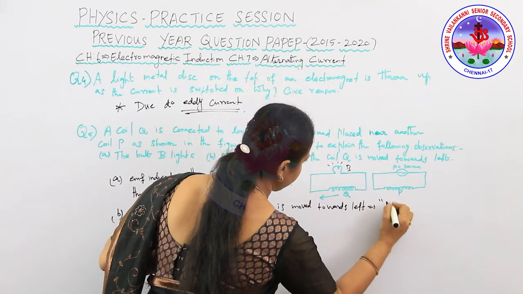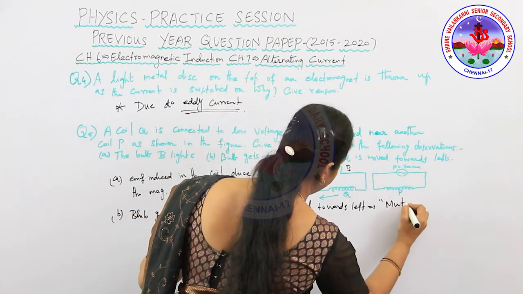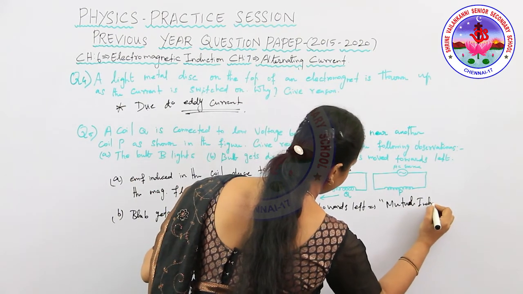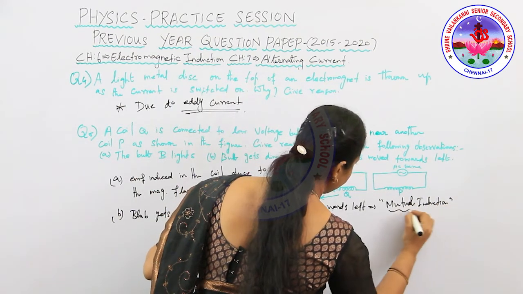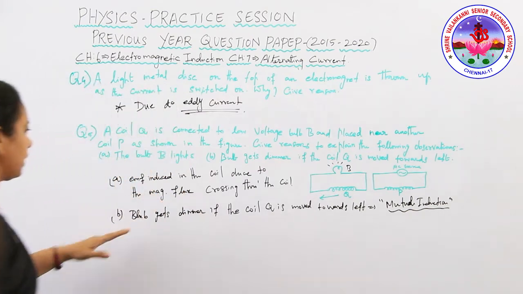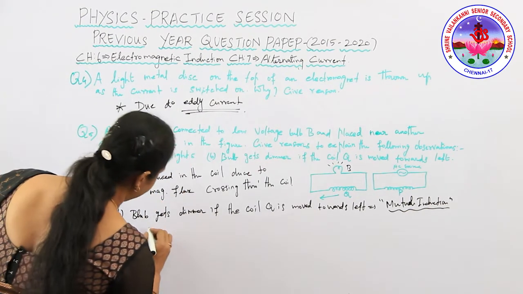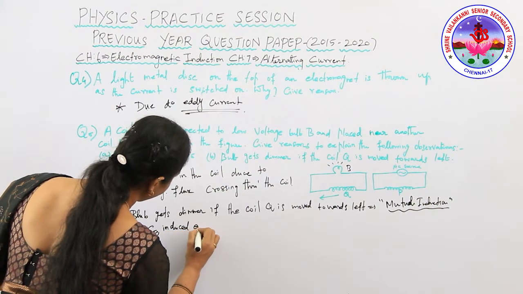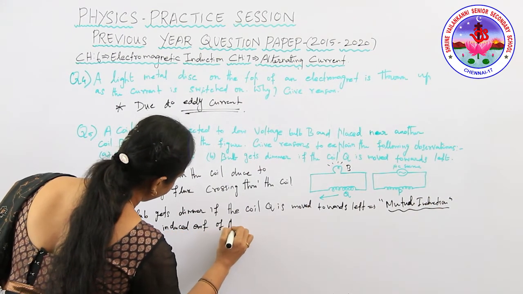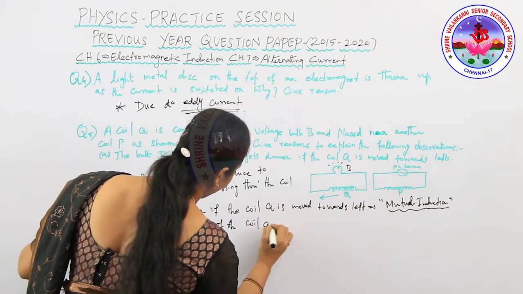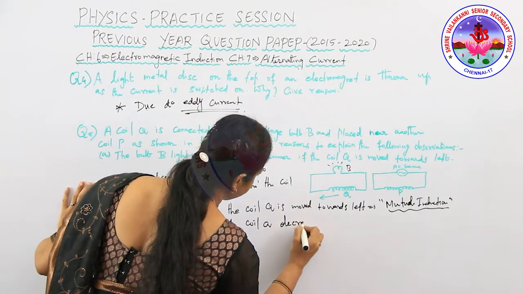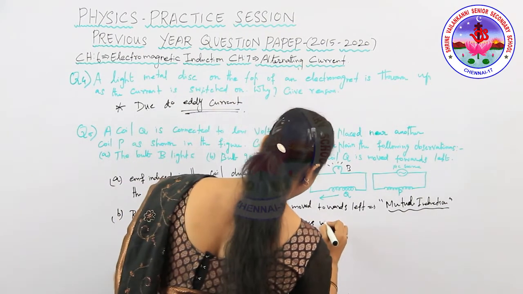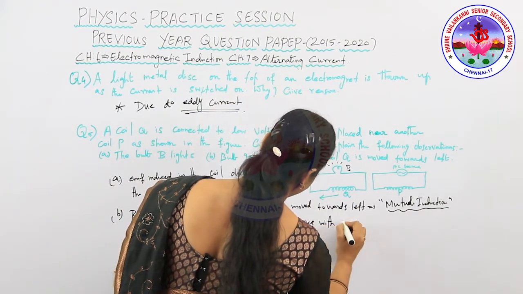So due to the mutual induction of the coil, as it is going towards left, the induced EMF of the coil Q will be getting decreased. So it will decrease with the separation between the coils.